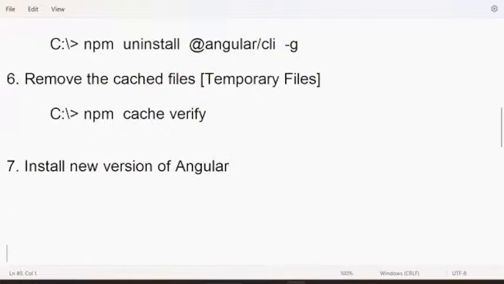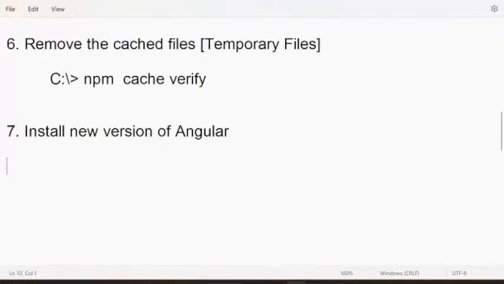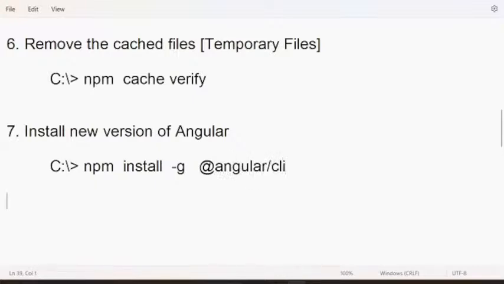How to install the new version of Angular on your computer after cleaning up the existing one? You just do npm install globally @angular/cli. This is the command you have to run. CLI is nothing but a command line tool.